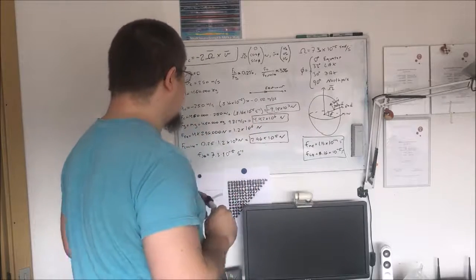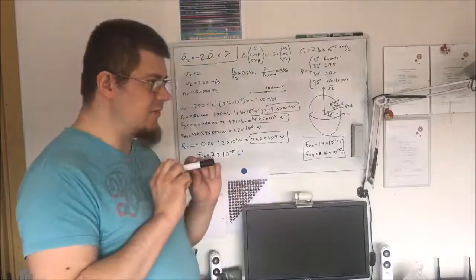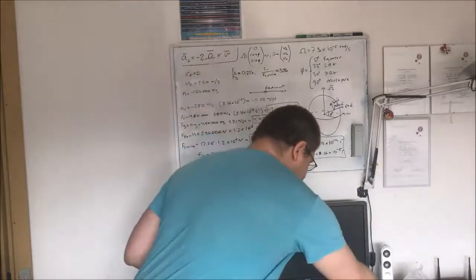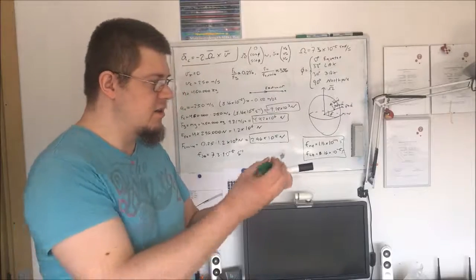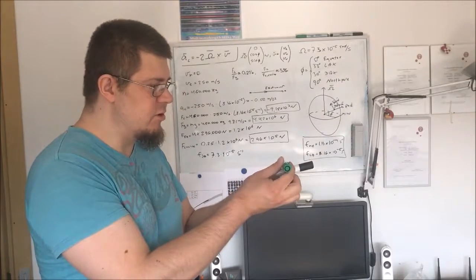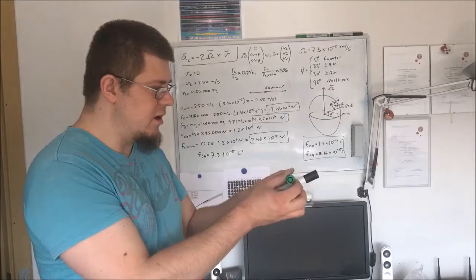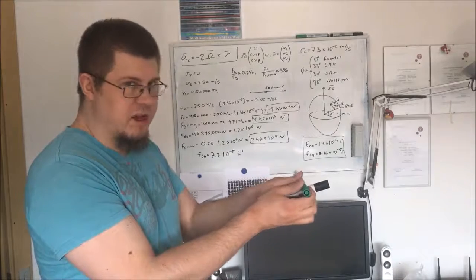All right, this minus number here means that if we have an airplane moving eastwards, then the Coriolis force would influence the airplane southwards.